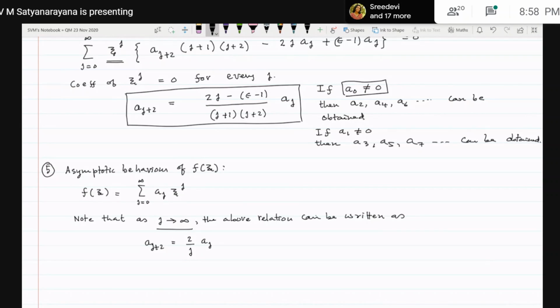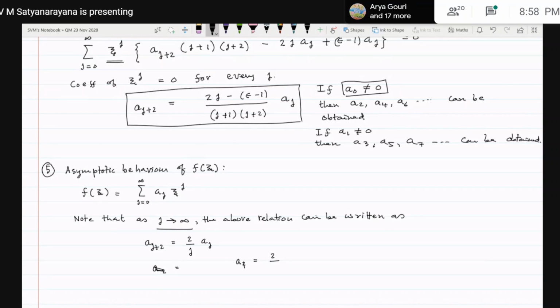Now you can see that in this limit, let us say your A2 is like this.